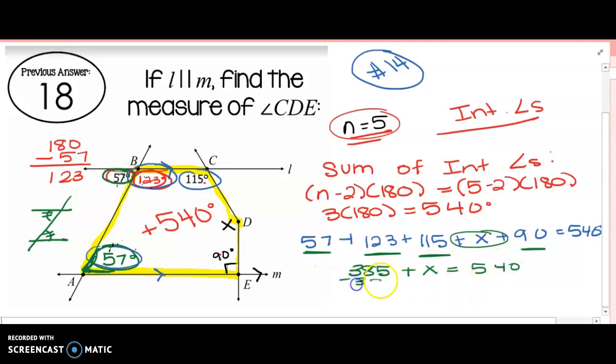Okay, so subtract 385, I get 155. X equals 155, and that should be my answer.